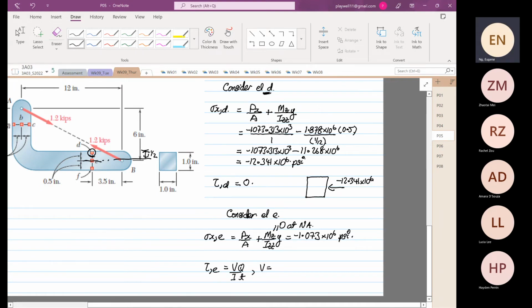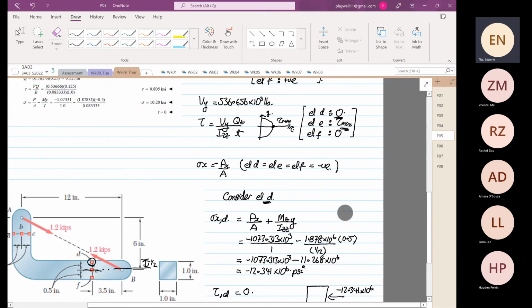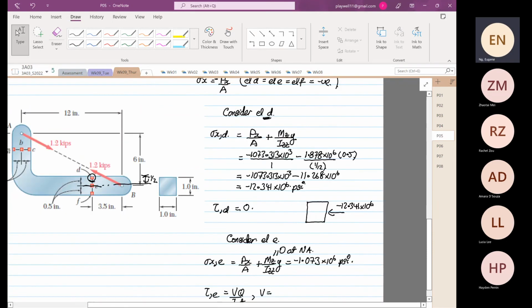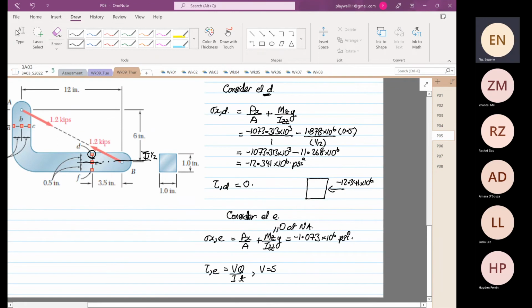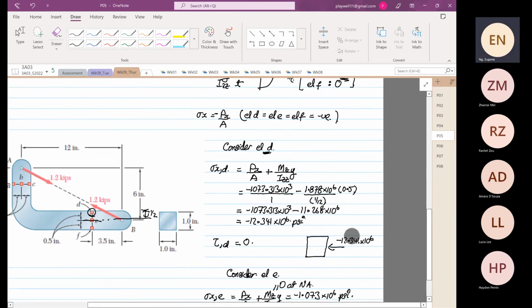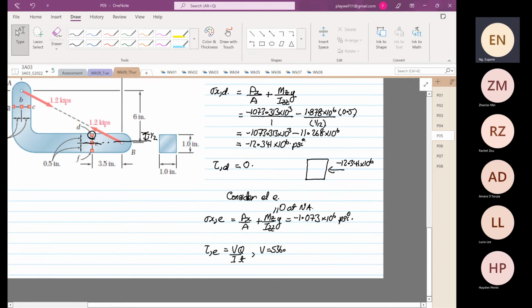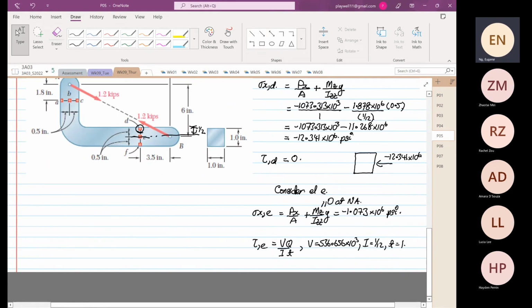We know V is equal to 536.656 times 10 to the power 3. We know I is equal to 1 over 12, and the thickness is equal to 1. Again, we have to find the first moment of area.